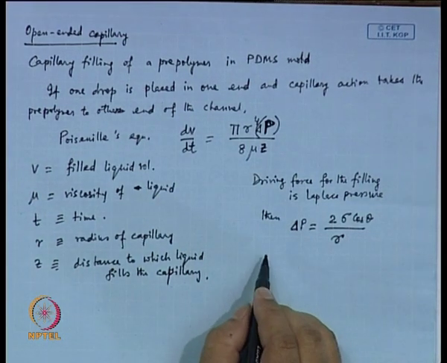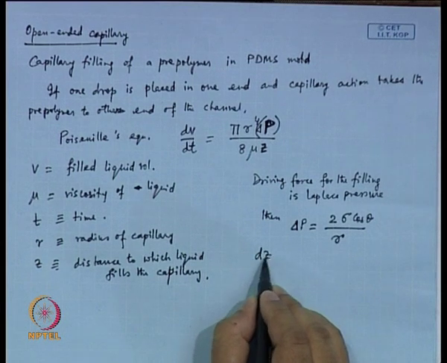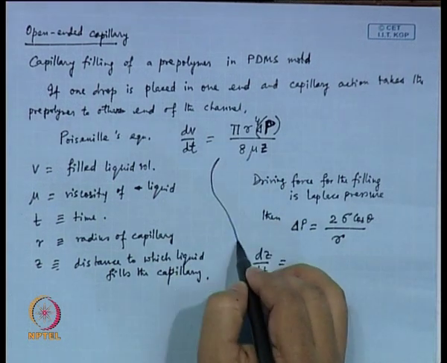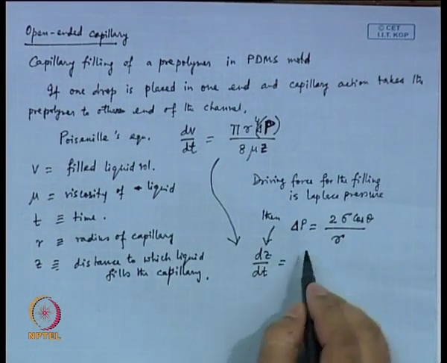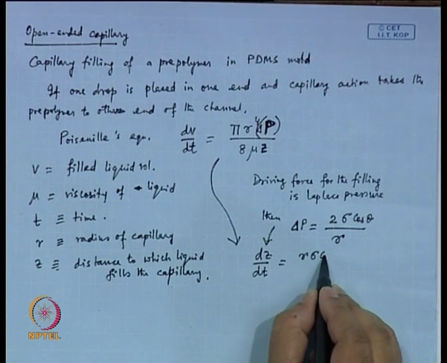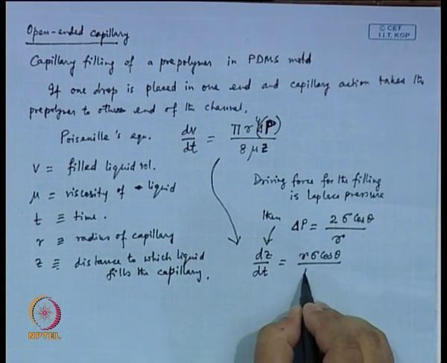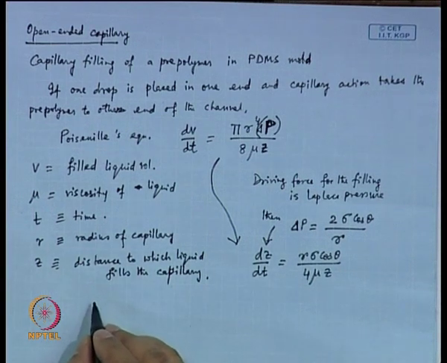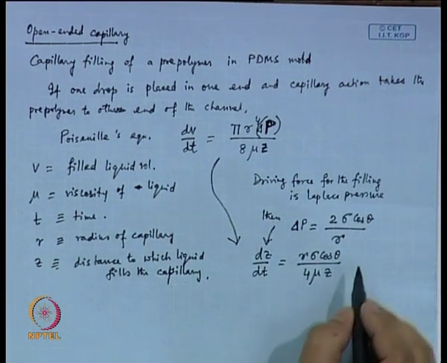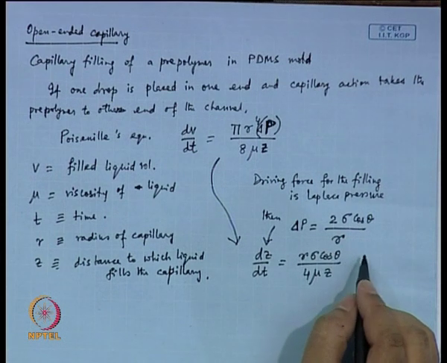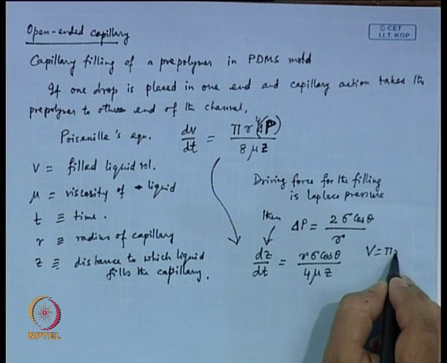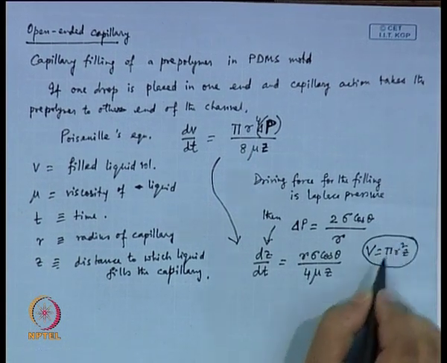In that case you can write dz/dt is equal to r sigma cos theta divided by 4 mu z, and then you have V equal to pi r squared z, which is what you are using.